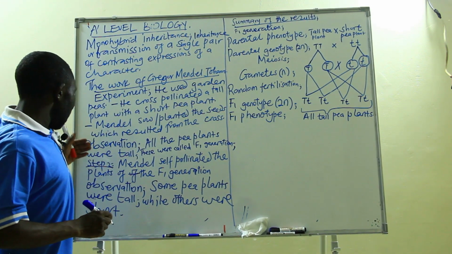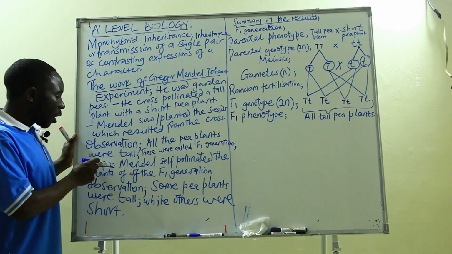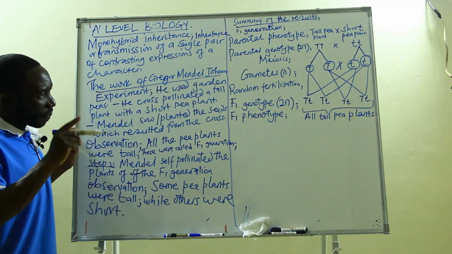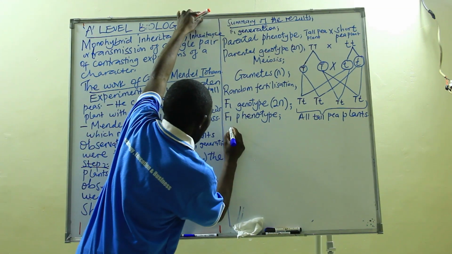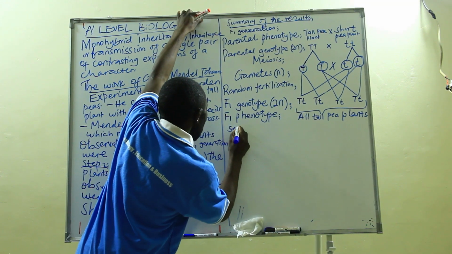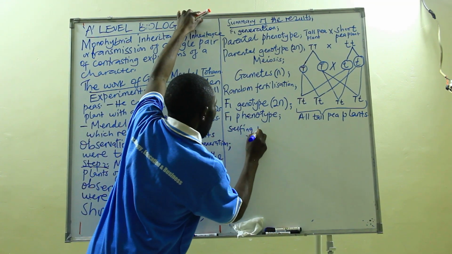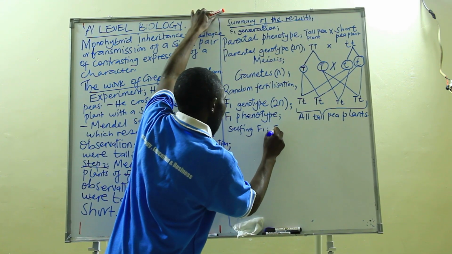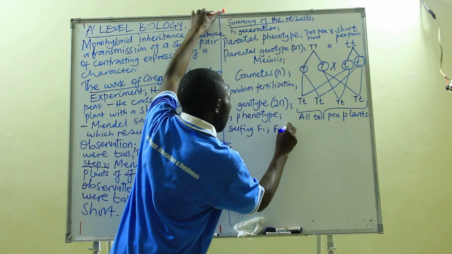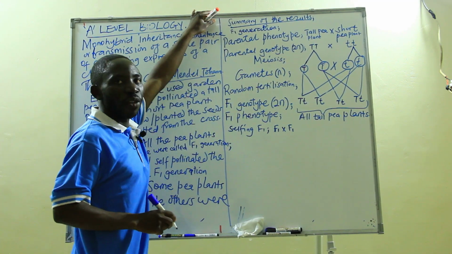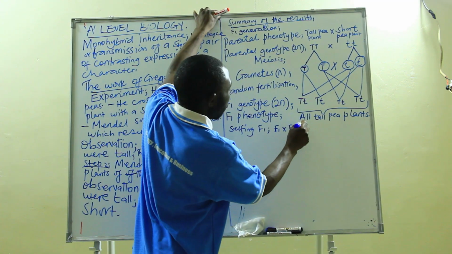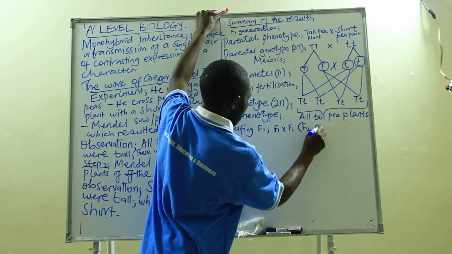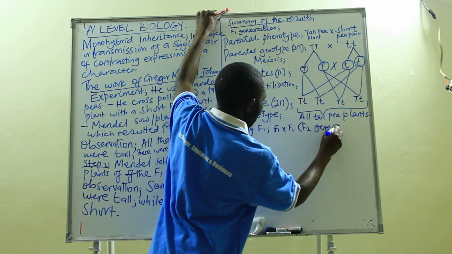So the next step now, we are going to represent step 2, where Mendel selfed the F1 individuals. That is, an F1 individual being crossed with an F1 individual, which gives us the F2 generation.